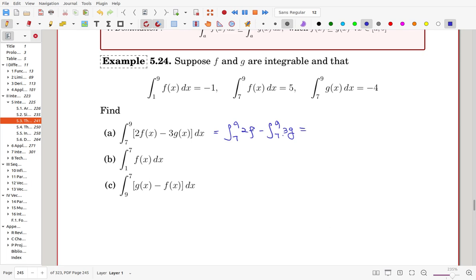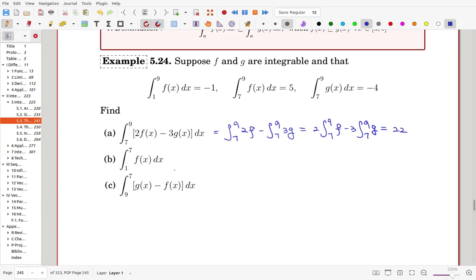Now, for constants, we can put them outside, so there's twice the integral from 7 to 9 of f minus 3 times the integral from 7 to 9 of g. This is 5, and this is minus 4, so 10 and 12, so that is 22.